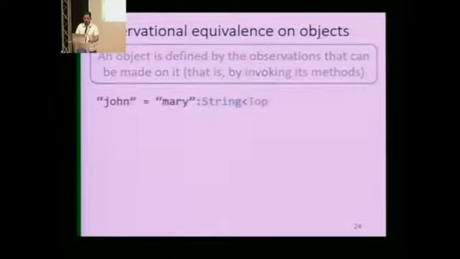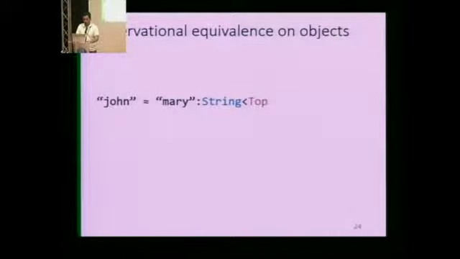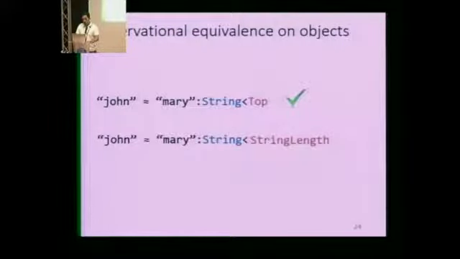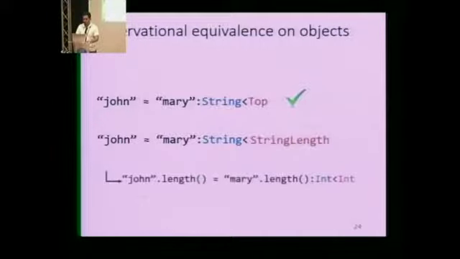So if we don't have any method to use, we can say that both strings are equivalent because top has an empty interface. In a similar way, we can say that those strings are equivalent at the type string length, because string length just has the length method, and both strings have the same length.